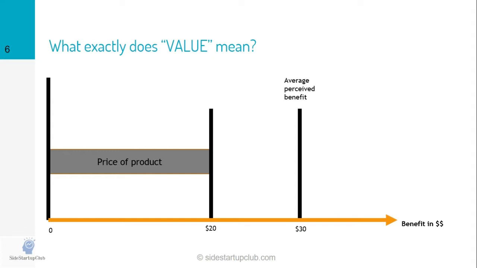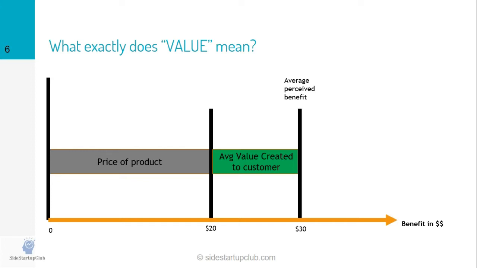And of course, every product or service has a price that's quite tangible. It's this space in between the perceived benefit and the price that is the value created to the customer. And this is what we need to be obsessed with and try to really validate if we are creating this green space with our business idea.